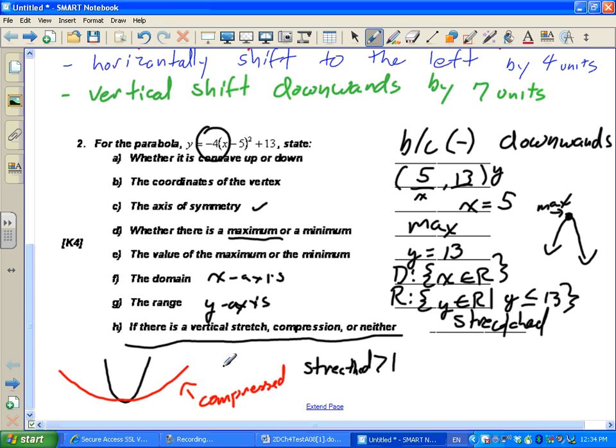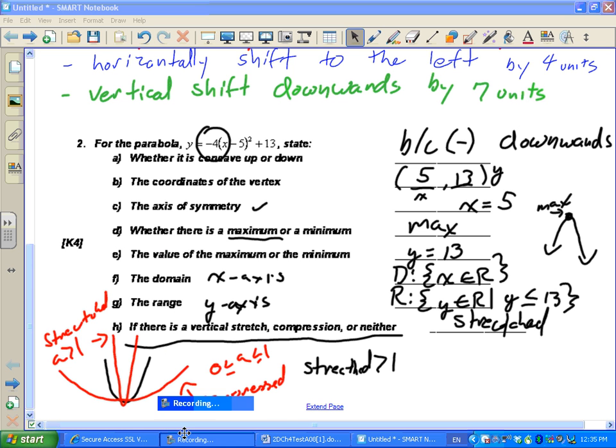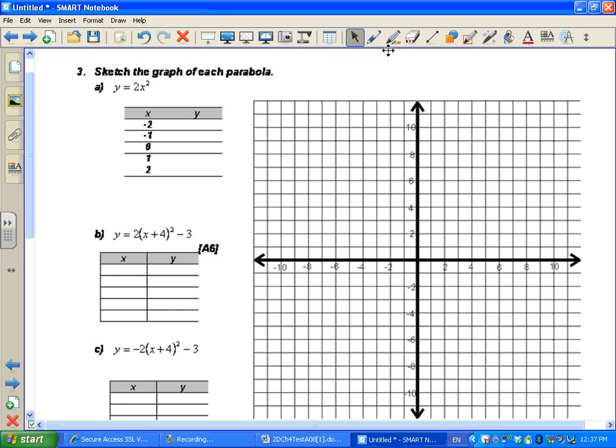And that's when a is between 0 and 1. And this is called stretched. And that's when a is greater than 1. Okay? That's what we're talking about.